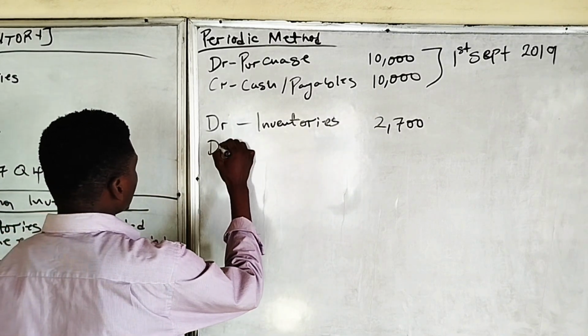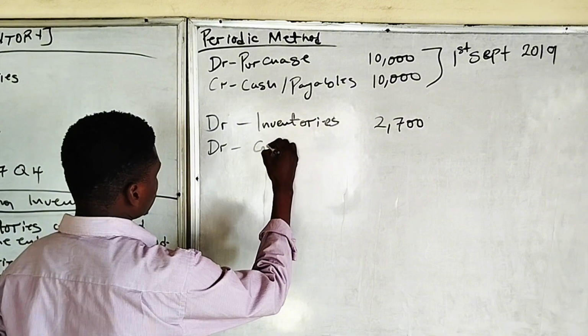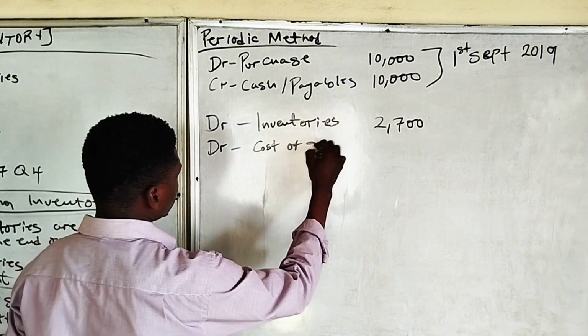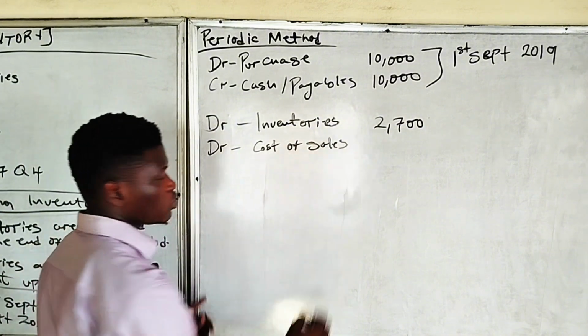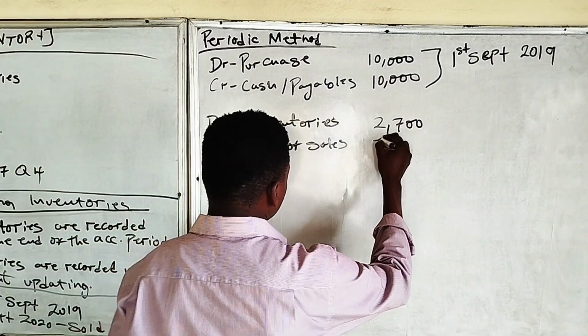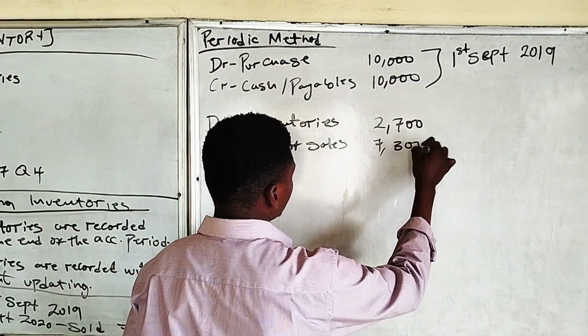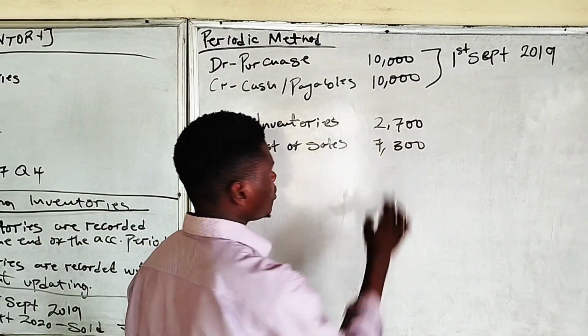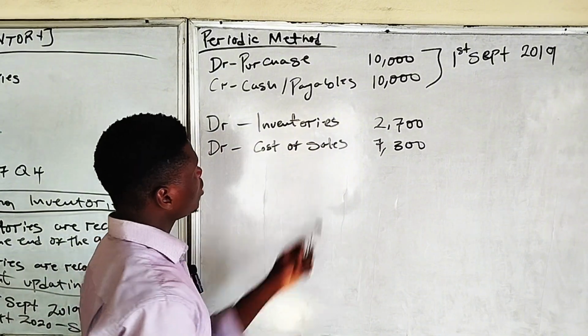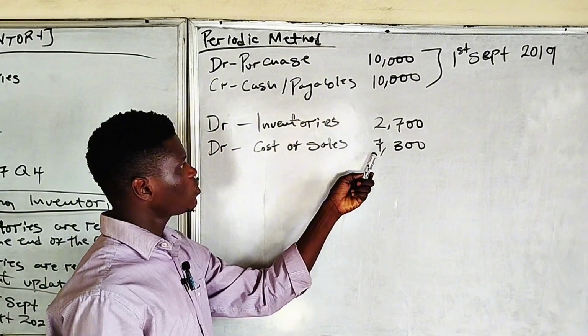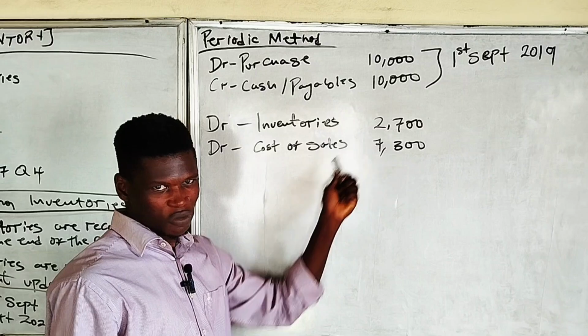We also debit cost of sales, which is the one that we sold, 7,300, making a total of 10,000. We purchased 10,000 worth of goods. We sold 7,300 worth of goods.